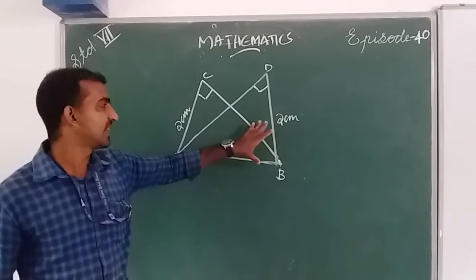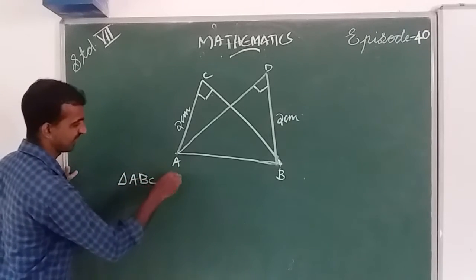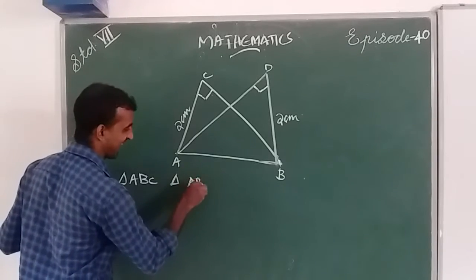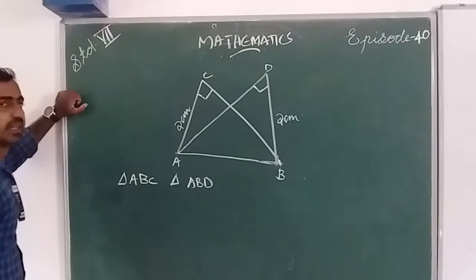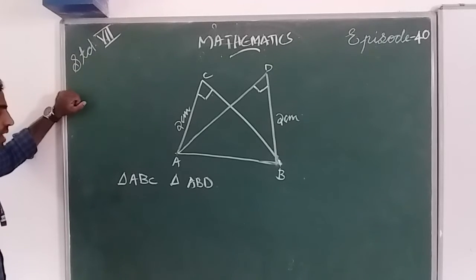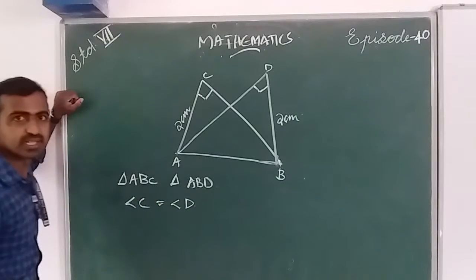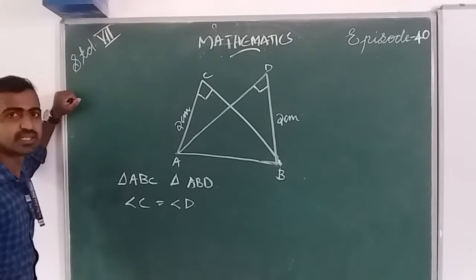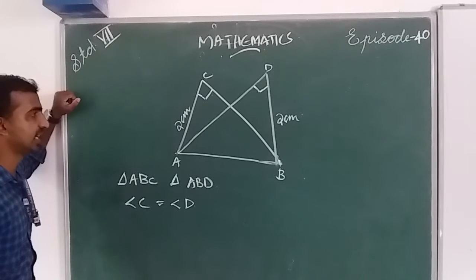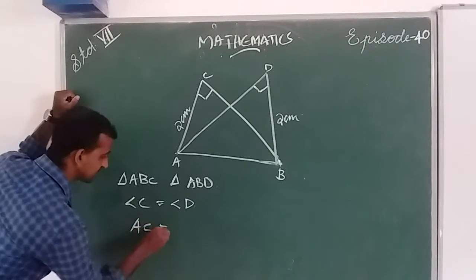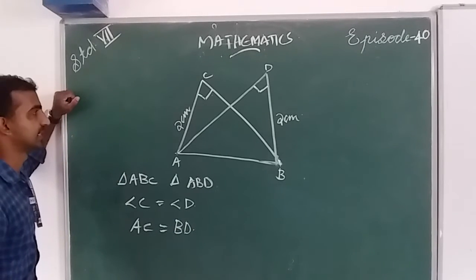Because when we consider these two triangles, triangle ABC and triangle ABD, we get angle C equal to angle D, and AC equal to BD.